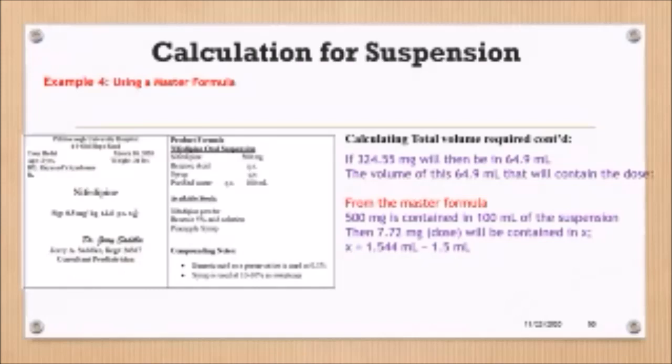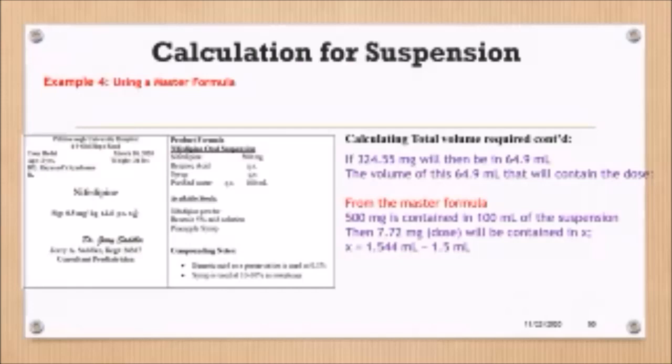If there was no master formula and you were told what volume to make, then you will have to get the volume of the dose from that. Most likely, if you're going to be determining your own concentration, then you will most likely be putting the dose in a particular volume. But in this case, we have a master formula and we have to use the master formula to determine the volumes there.